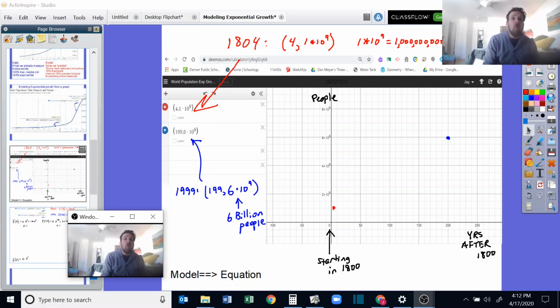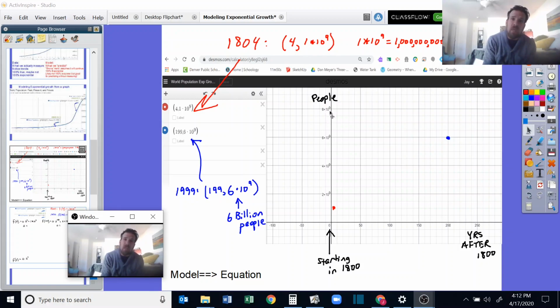When we're working with really, really big numbers, it's oftentimes more convenient to use scientific notation. So we know about scientific notation. This is 1 times 10 to the 9th power. We've covered that earlier in this year, and this is going to make our math a little bit easier to write about in this problem. So we're going to use this 1 times 10 to the 9th, that's 1 billion.